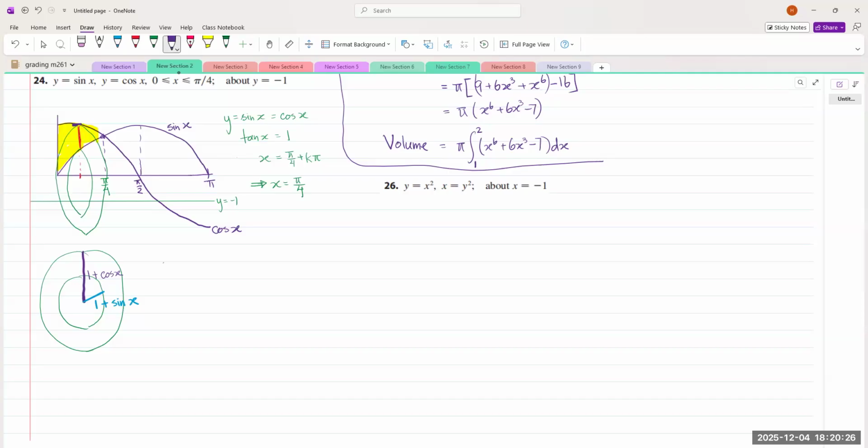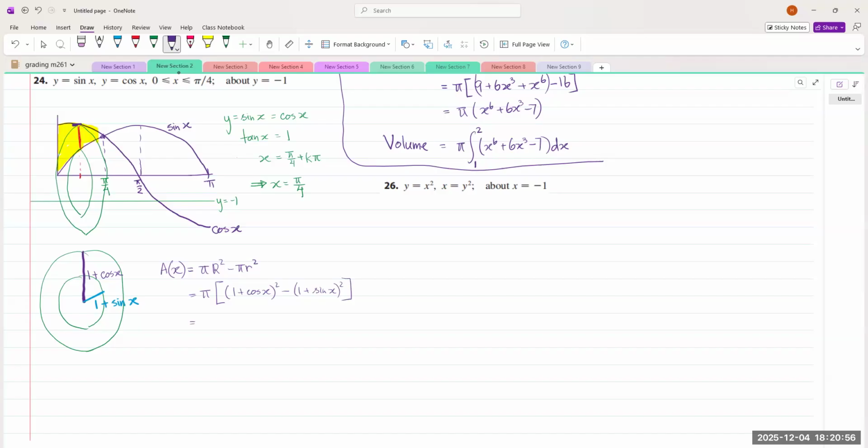So the area of the cross section as a function of x will be pi R squared minus pi times the smaller radius squared. You can skip that actually if you want to. It is pi times, I factor the pi, capital R squared is (1 plus cosine x) squared minus (1 plus sine x) squared.